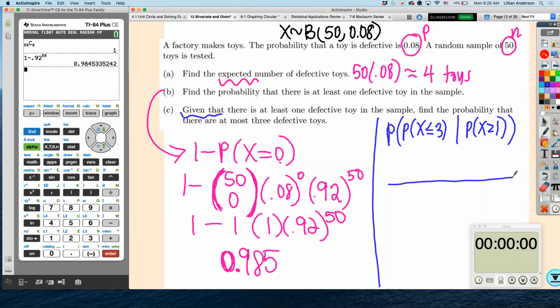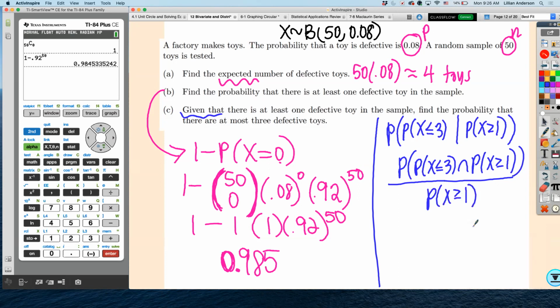So conditional probability says that I need the intersection between x is less than or equal to 3 and x is greater than or equal to 1. What numbers are those?